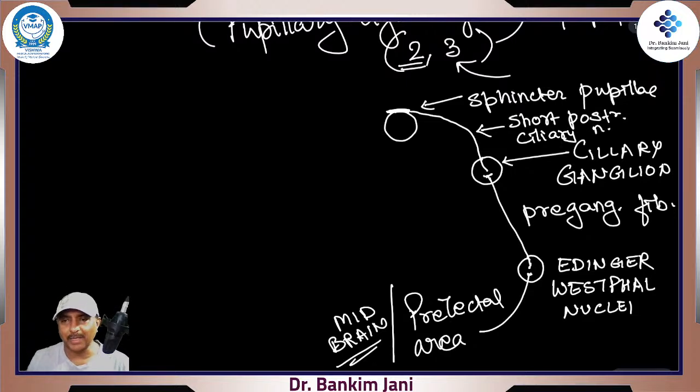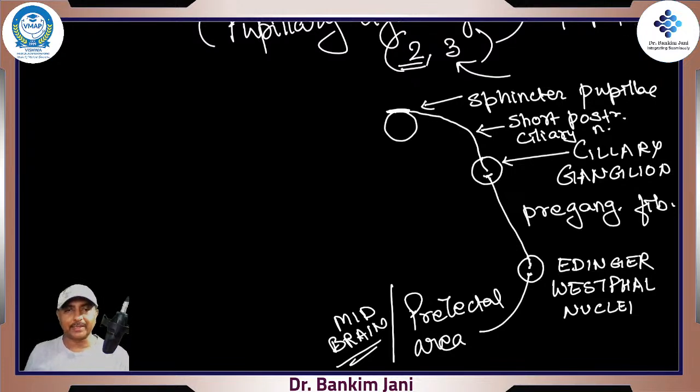It is this pathway which is involved, because all these fibers will be traveling via the oculomotor and the optic nerve, right? Because in the eye there is no extra channel for these parasympathetic fibers. They are traveling with those nerves, right? So if the oculomotor is affected, this pathway is affected.